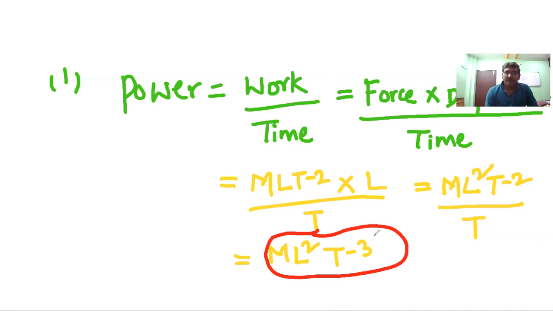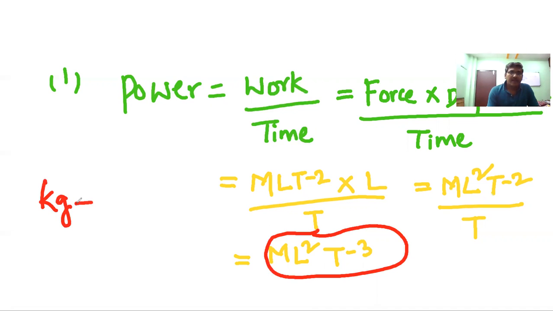Observe this. By making use of the dimension formula, we can write a unit. If you want to express the power in terms of the unit, observe this. This is M, M is kg. So kg.